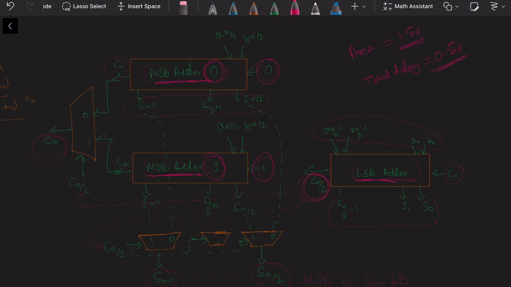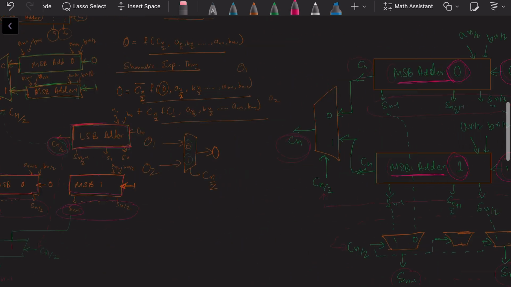By increasing the area, I have reduced my logic delay, which means that my design has now become faster at the expense of more logic area.